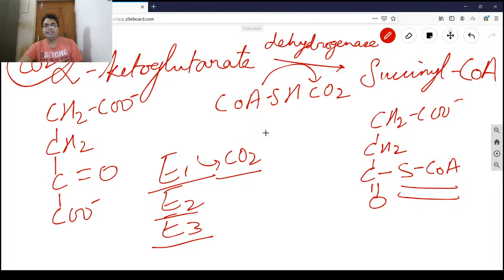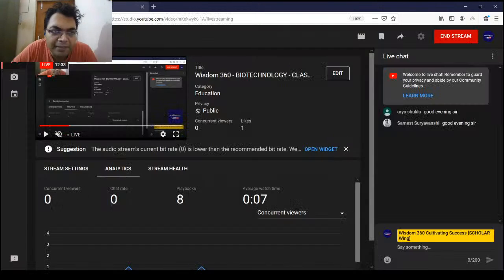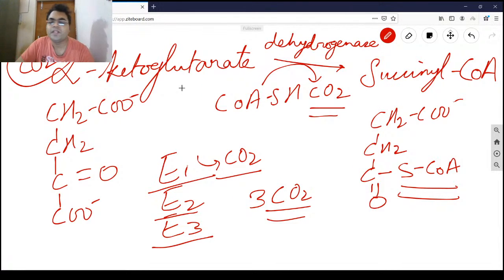What does it mean now? It means that you have already taken out three CO2s, right? Three times decarboxylation has already been done completely. It means that three CO2s have been released.